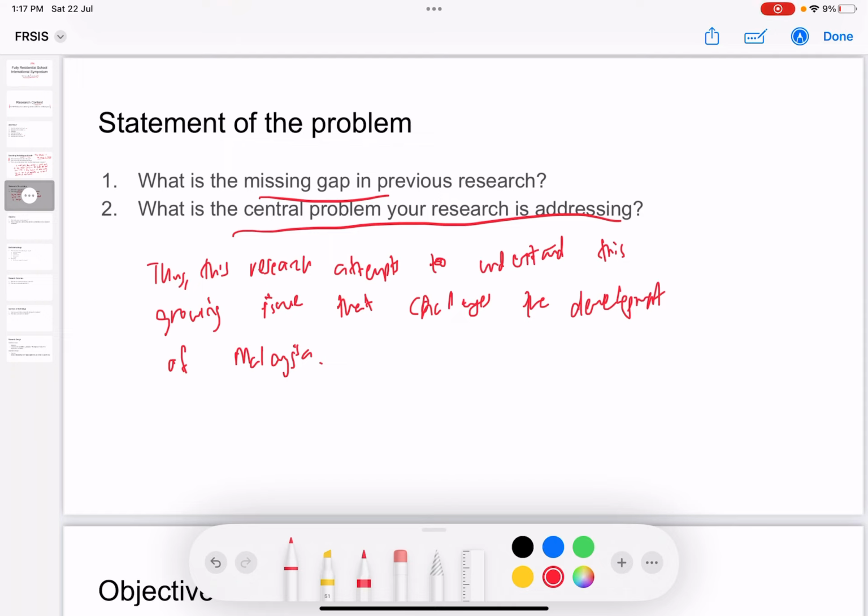Okay, thus this research attempts to understand the growing issue that challenges the development of Malaysia.